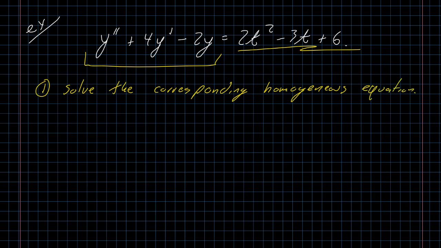Right. So step one of this process is to solve the corresponding homogeneous equation. Take our left-hand side, set it equal to 0, and see what happens. We can solve this using the characteristic equation the same way we've been doing for a while now.